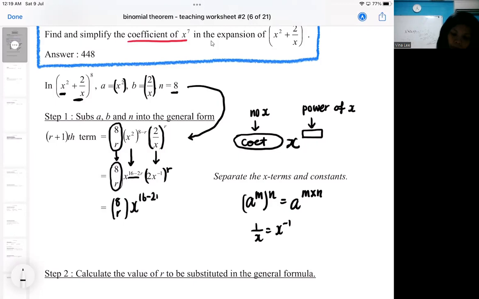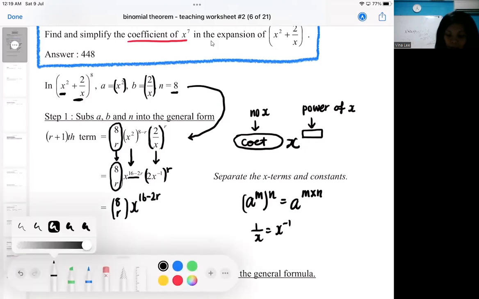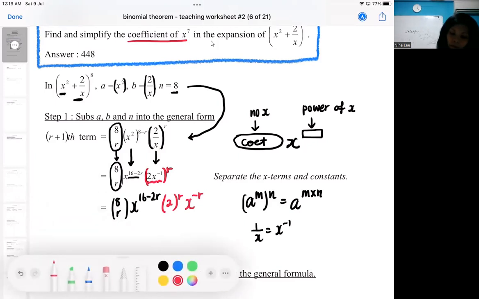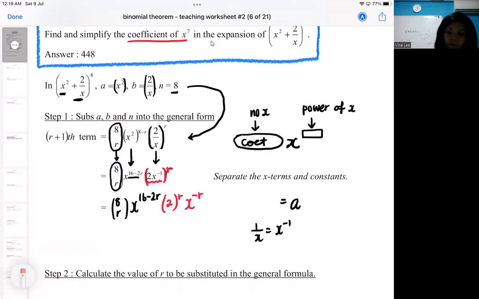A lot of people will miss this part. Listen up carefully. Power R is for everything in the bracket. So give the power R to 2, give the power R to x. Then remember your objective.